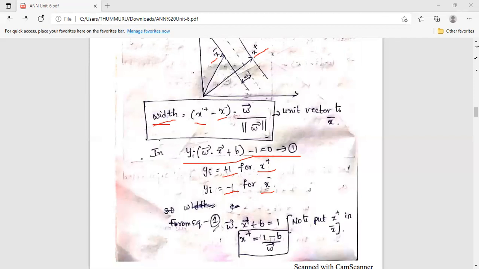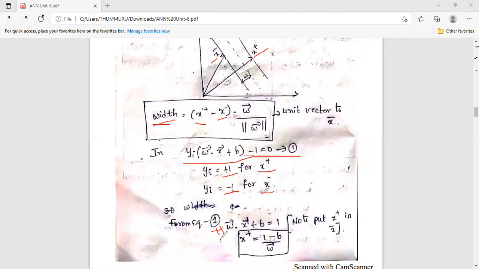First, you can represent +1 into weight vector into x plus b minus 1 equals 0.